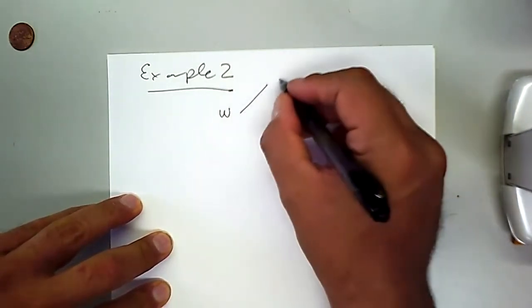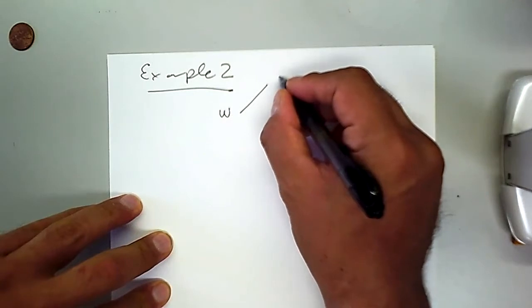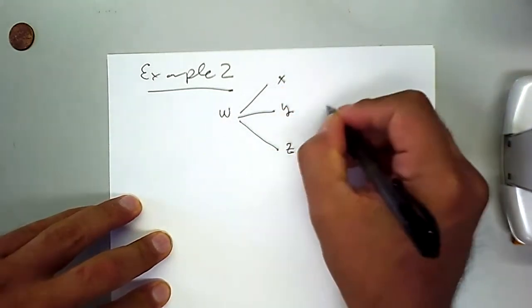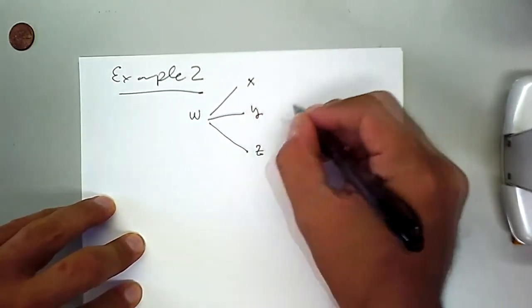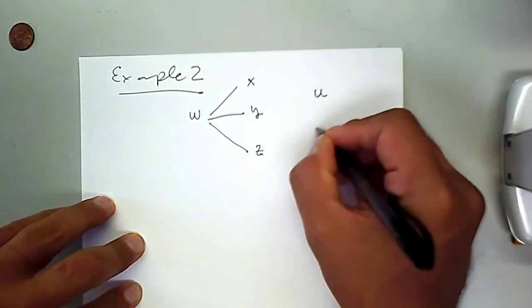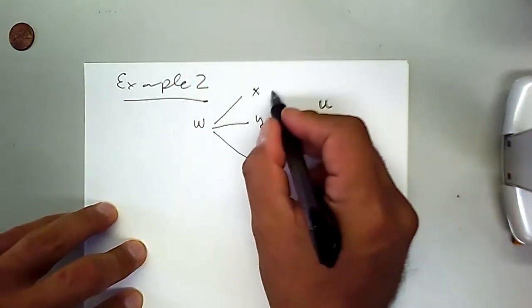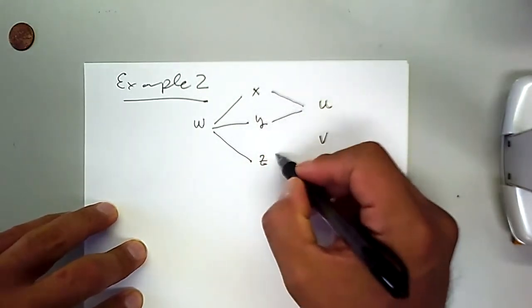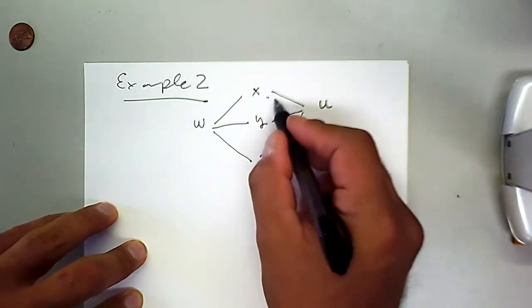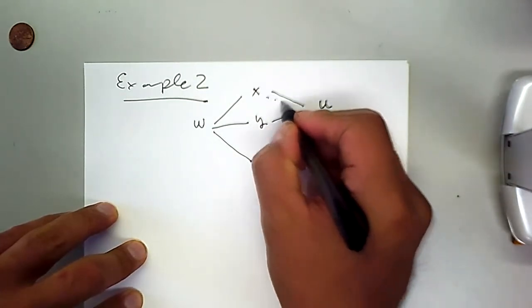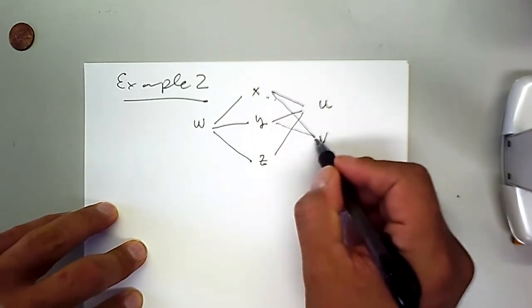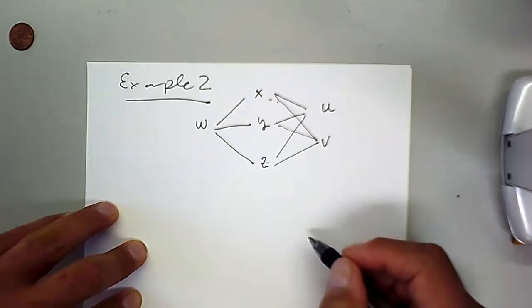So pretend W relies on X, Y, and Z. In turn, those three variables rely on U and V. This is a common thing that happens. And then X depends on U, and Y depends on V, and Z depends on V. There we go. So there's the diagram.